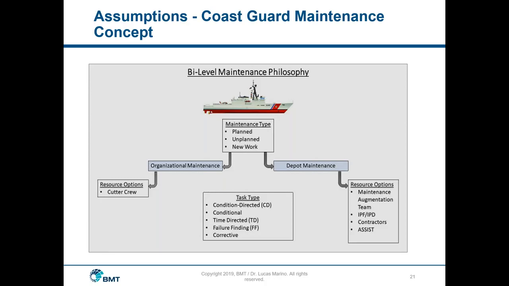We had an industrial production facility in the same port, with contractors on tap to help. And we had this thing called the Assist, which is like a crack team of expert master chiefs that the Coast Guard could deploy at the drop of a hat to go fix problems that no one else can figure out, right? So we had all these different resources. We could actually assign values to these resources now and determine what mix of them is appropriate for which maintenance items.